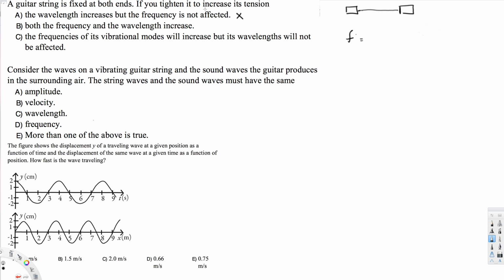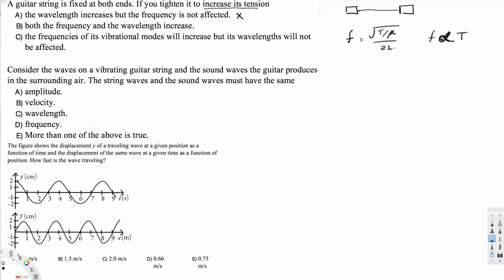We can take the relation between frequency and tension: f is equal to the square root of T over mu, over 2L. And if you see, f is directly proportional to the square root of T, so if T increases, f increases.